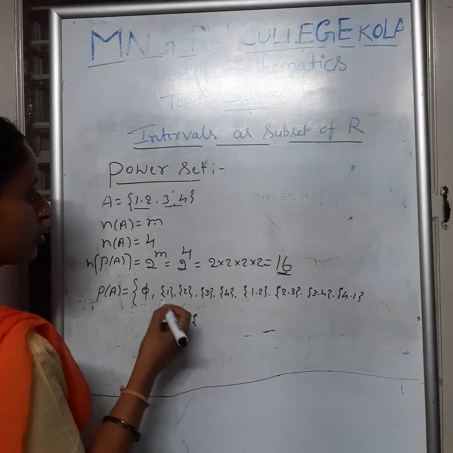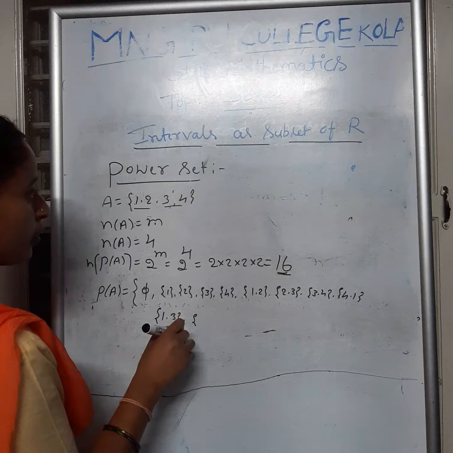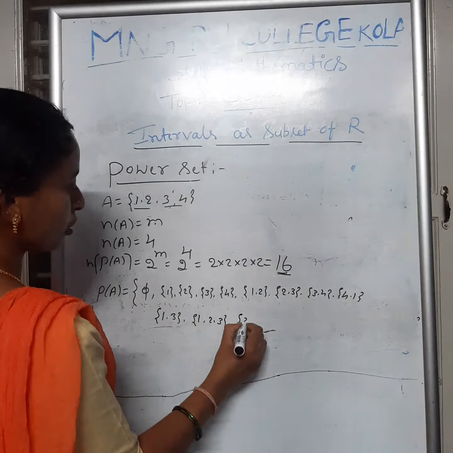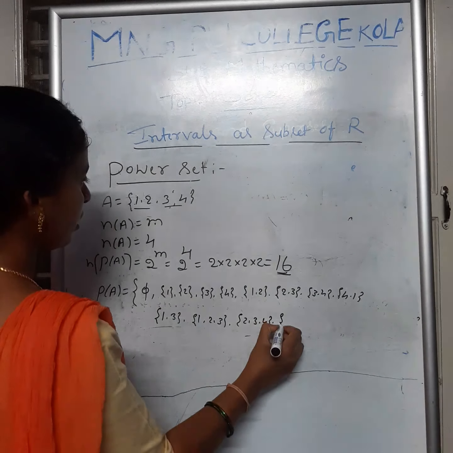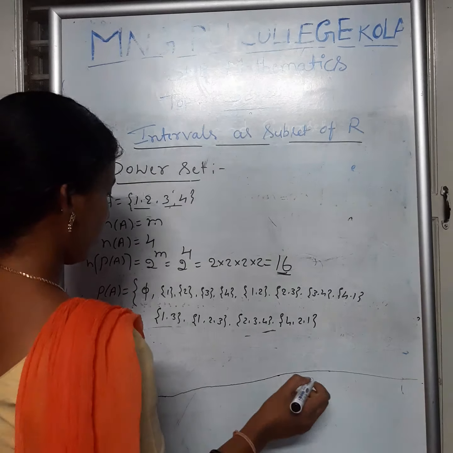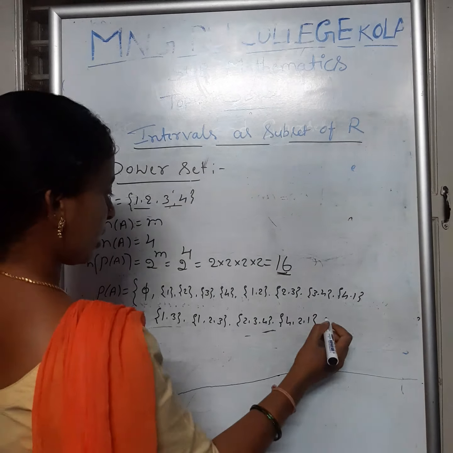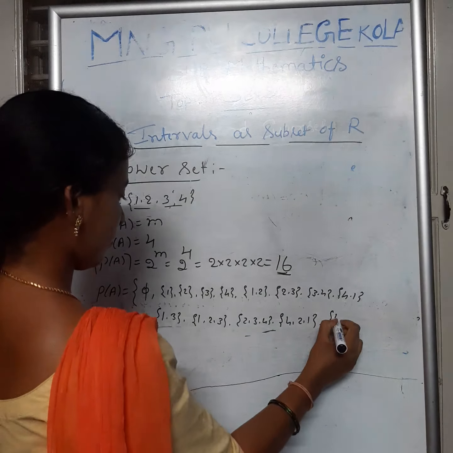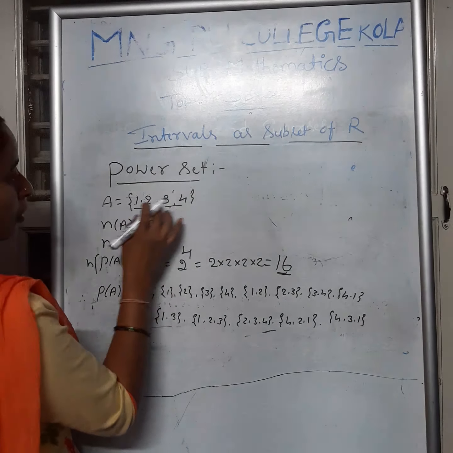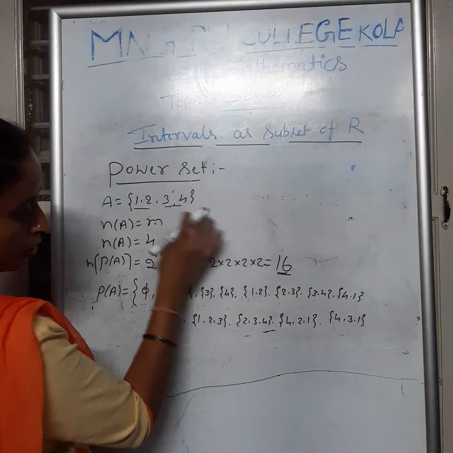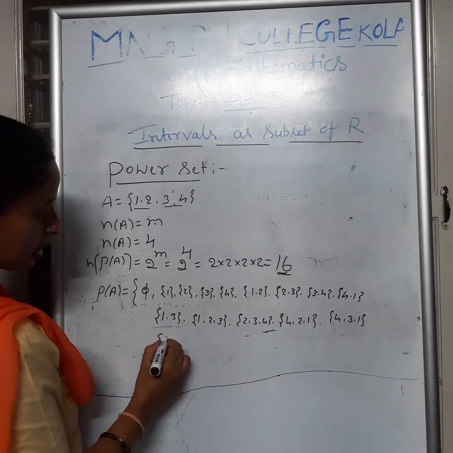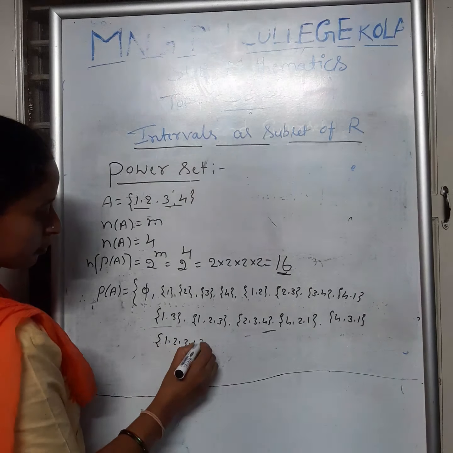Over now. 1, 2 is over, 1, 3 is over, 1, 4 is over. Next, the triples 1, 2, 3, 2, 3, 4, 1, 3, 4, and 1, 2, 4. Next is the self subset 1, 2, 3, 4.